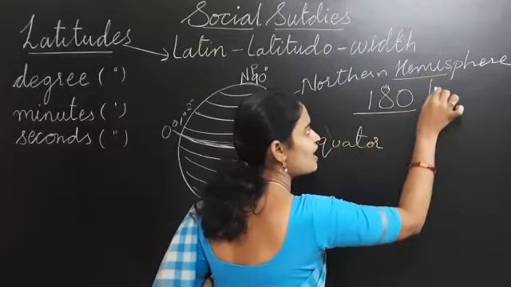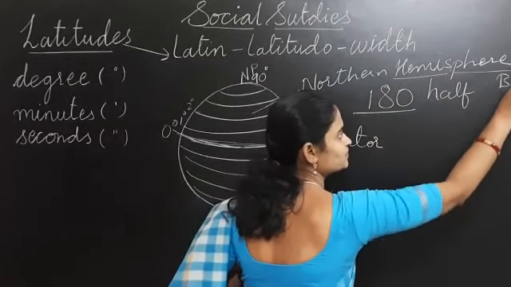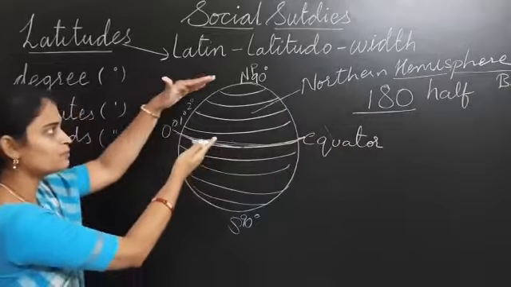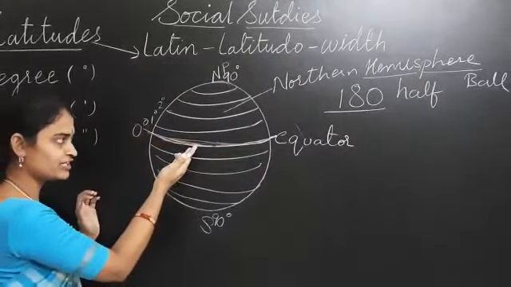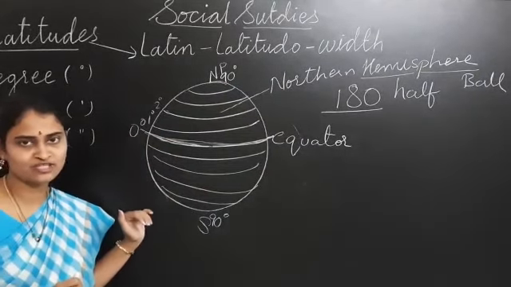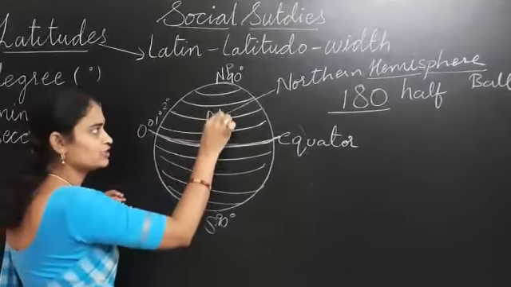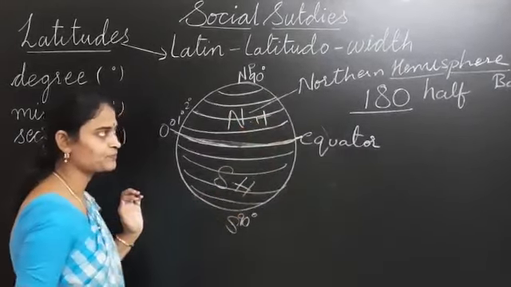Hemi means half, sphere means ball, so half ball. And in the same way, from 0 degree to the South Pole is the Southern Hemisphere.